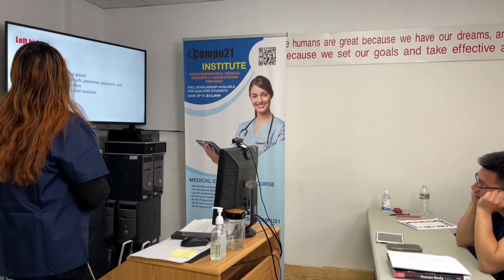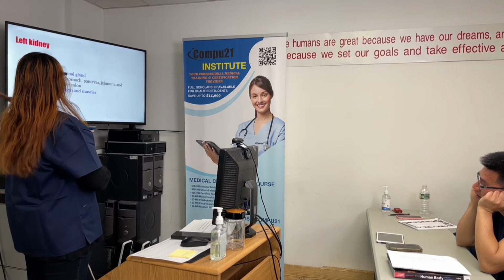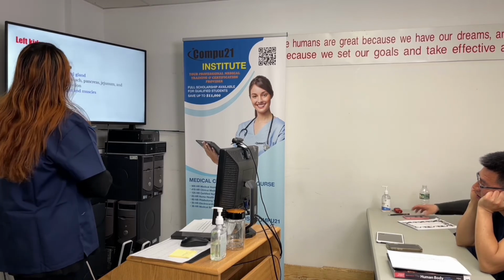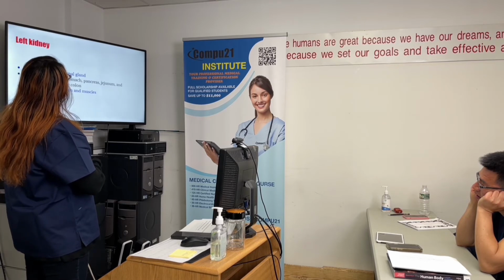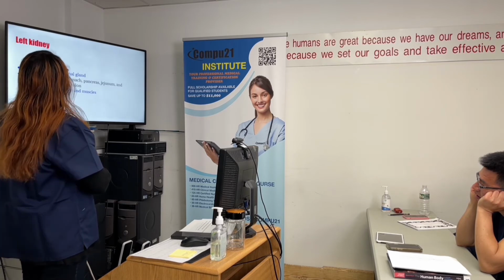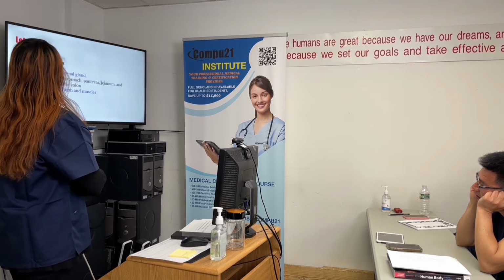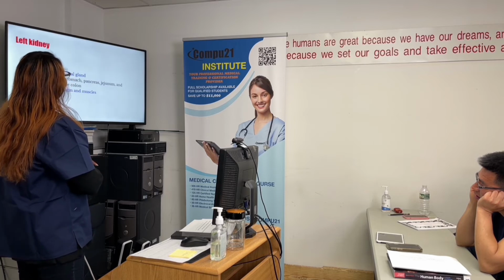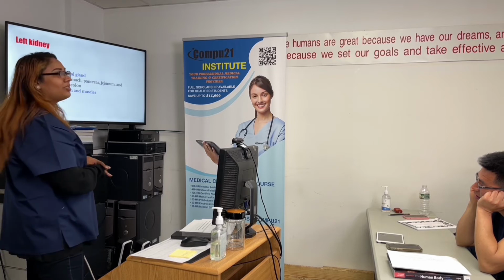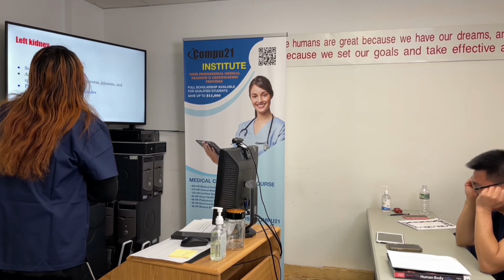The left kidney is superior to the left adrenal gland, just as the right one is to the right adrenal gland. Anteriorly it has the spleen, stomach, pancreas, jejunum, and the splenic flexure of the colon.